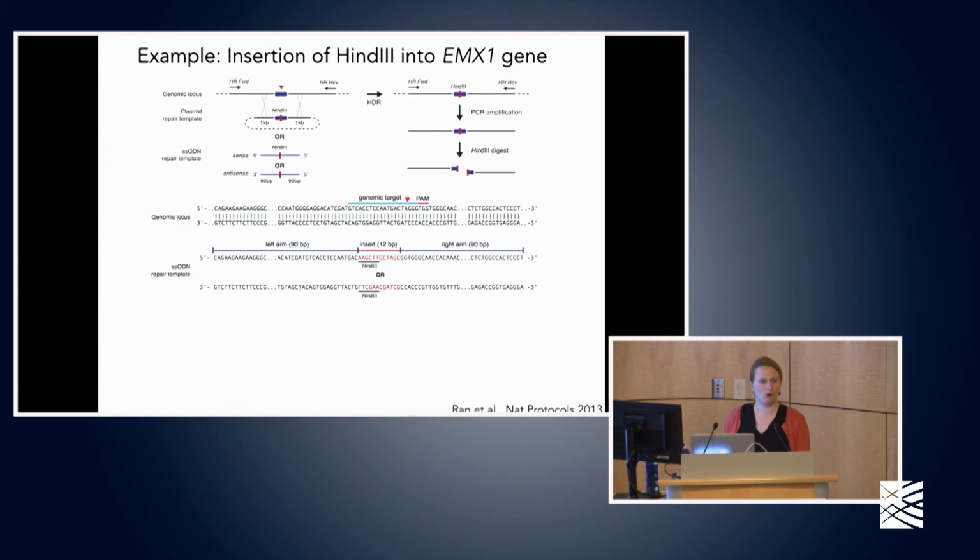So here's a brief walkthrough of designing an experiment to do HDR. This is just a proof of concept one that was done in a Nature Protocols paper by a member of our lab. The goal here was to insert a HindIII restriction site using either a plasmid repair template with 1 kilobase homology arms, or a single-stranded oligonucleotide repair template, either the sense or the antisense strand.